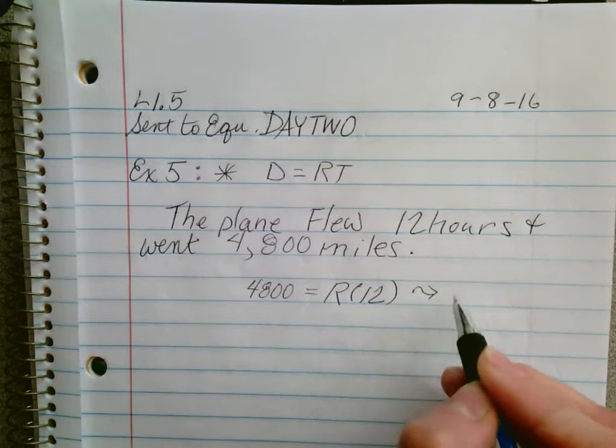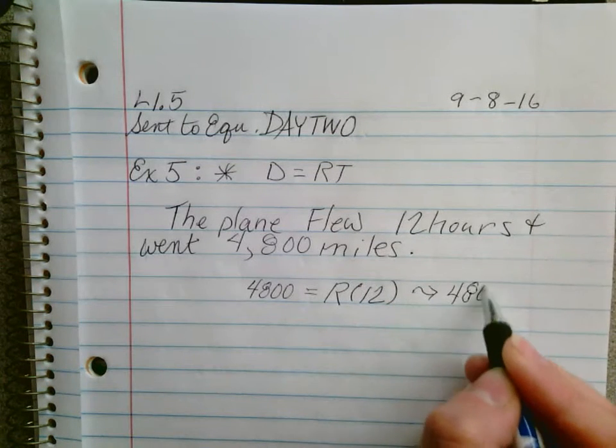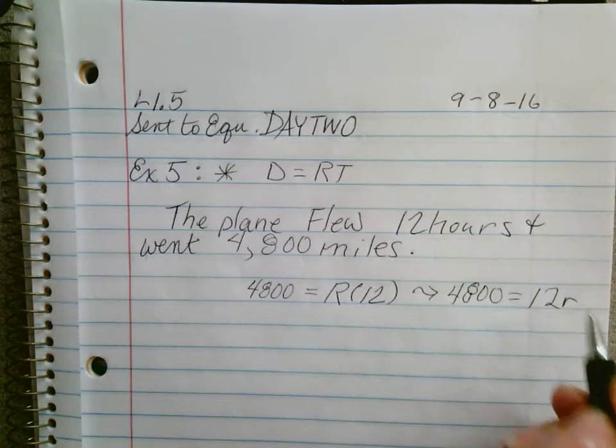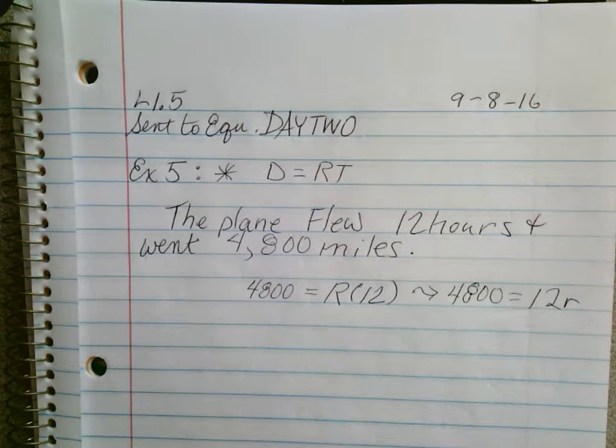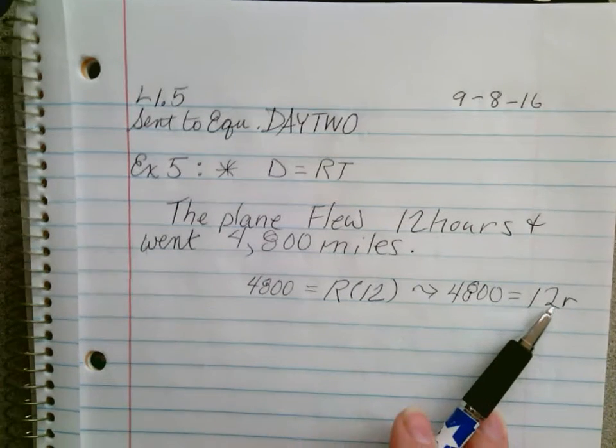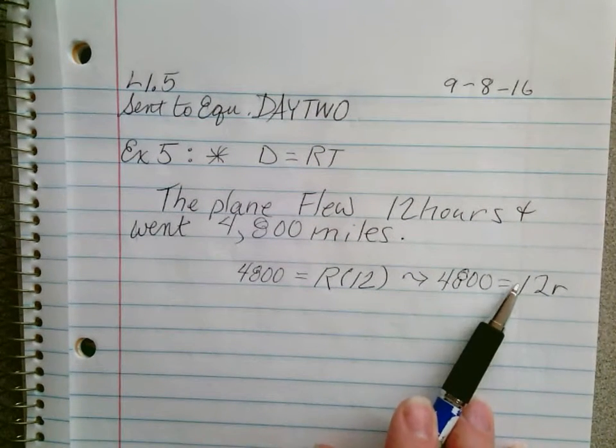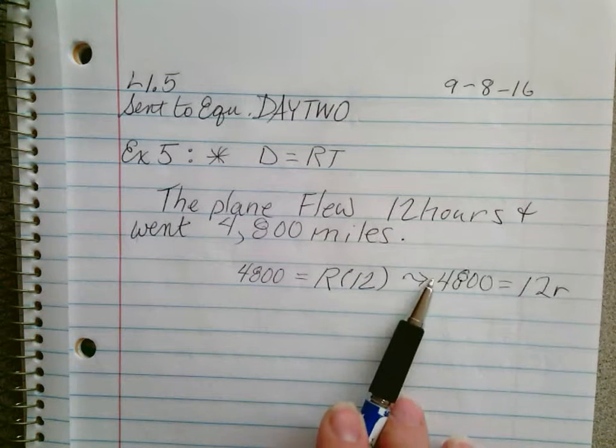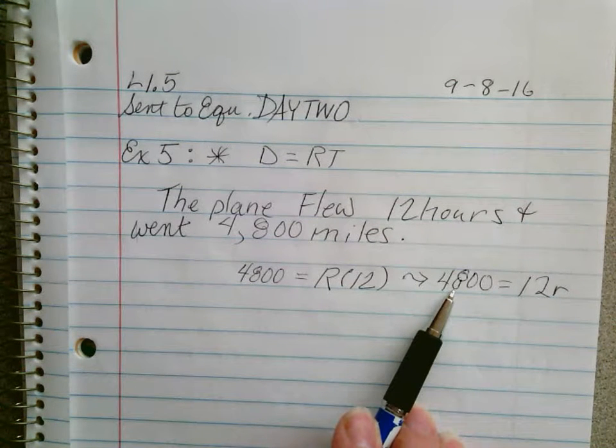Normally you're going to see it written like this, 4,800 equals 12R. You'll rarely see a variable in front of a number. Okay? The number preceding a variable is the coefficient. 12 times whatever the rate is equivalent to 4,800 miles.